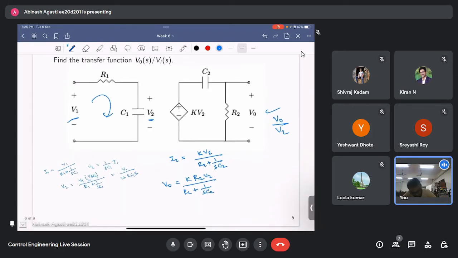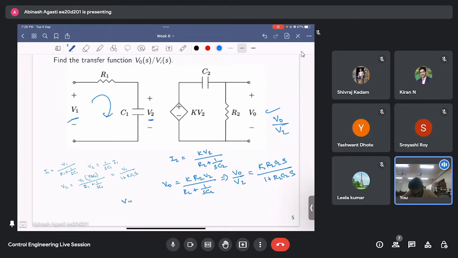So then V0 by V2 becomes K R2 C2 S by 1 plus R2 C2 S.